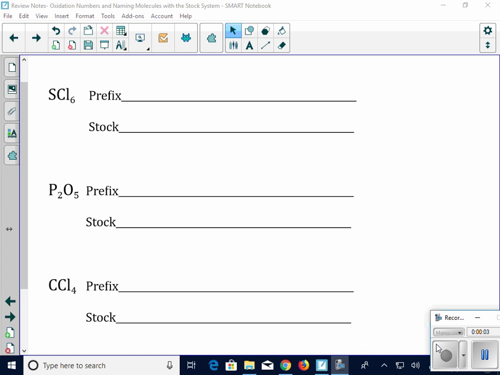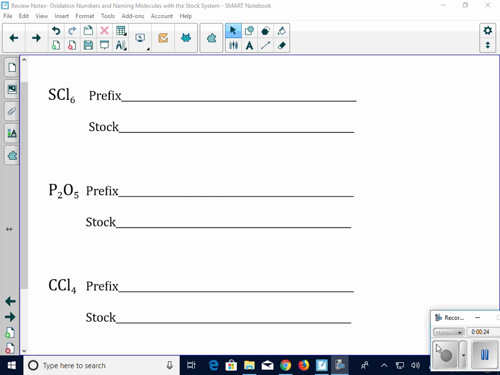We talked yesterday about oxidation numbers, and you watched a video last night on using the stock system to name binary molecular compounds.